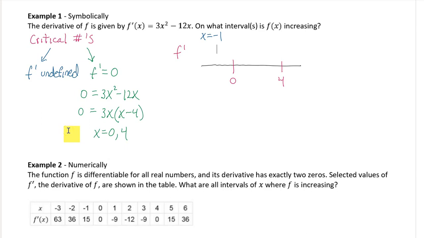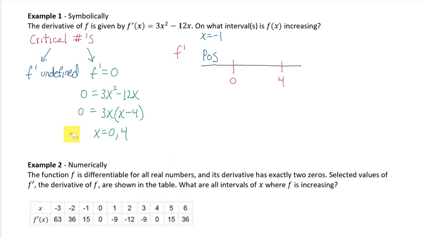So if I plug in -1 for x next to 3, I would get 3 times -1, and then -1 minus 4, and that's going to be -3 times -5, which is positive 15. Now I don't care that it's 15, I just care that it's positive. So I'm going to say that this first interval, f prime, is positive.